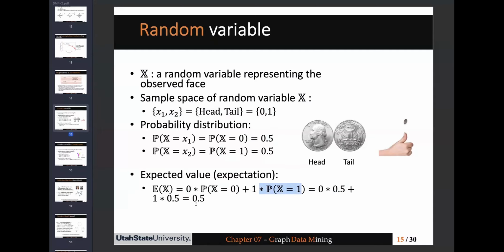Therefore the expected value of X is 0.5, which means that if we toss the coin and repeat the experiment many times, the average value of X will approach 0.5. That is exactly what expectation entails mathematically for a random variable.